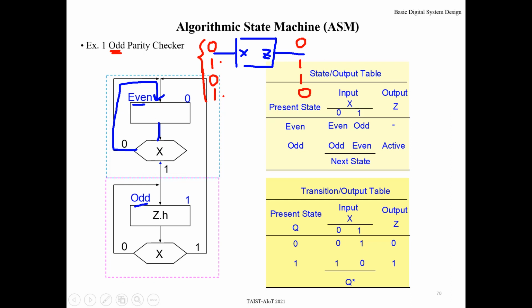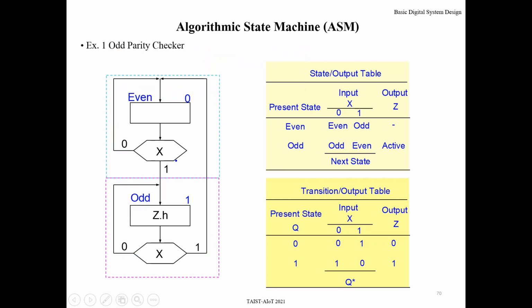But if X is 1, it goes to state odd. At state odd, if input is 0, it stays in state odd. But if X is 1, it goes to state even.